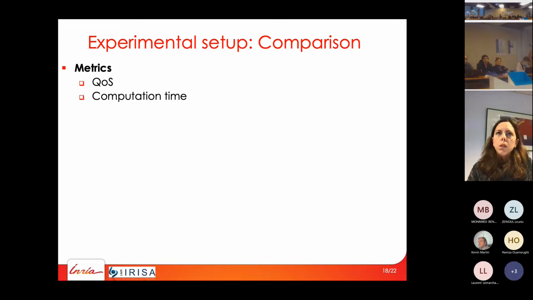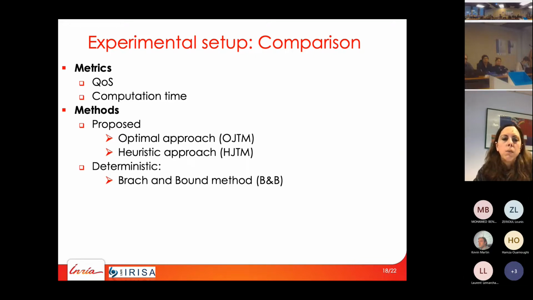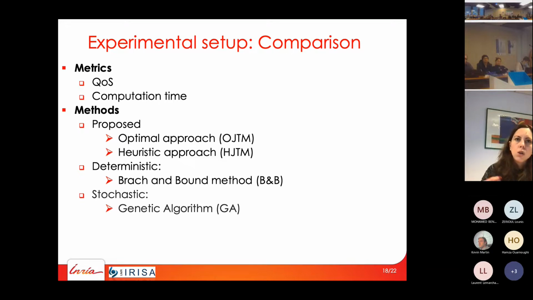So what about the metrics? We compare 2 things. First is the quality of service obtained, and then how much time it took to find the solution. And we are comparing the 2 proposed methods, the optimal and the heuristic, with deterministic approaches, more explicitly the branch and bound method that can give us optimal solutions for MILP. Stochastic methods, and here we use the genetic algorithm.